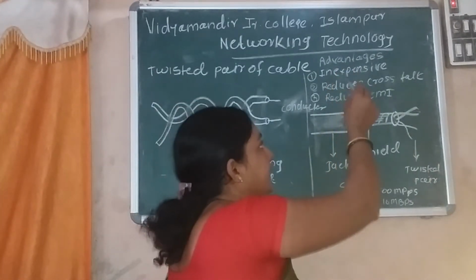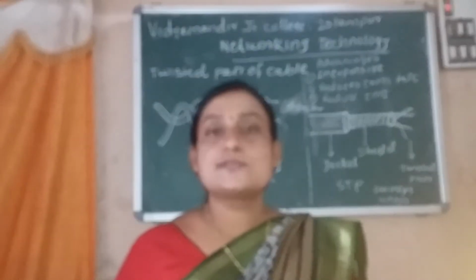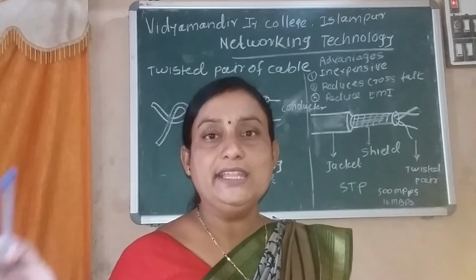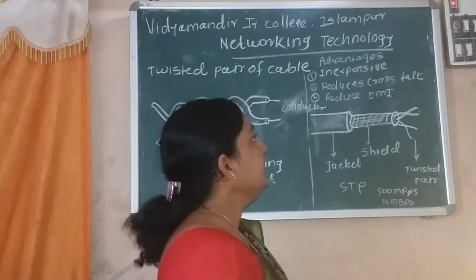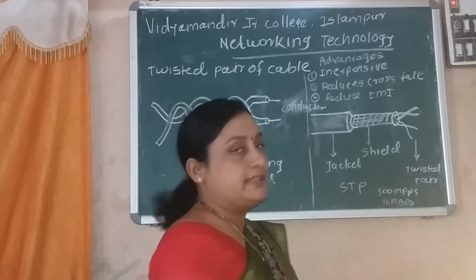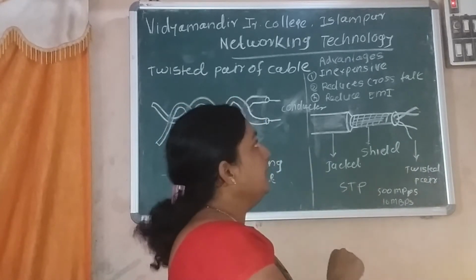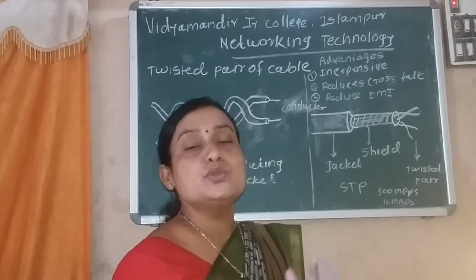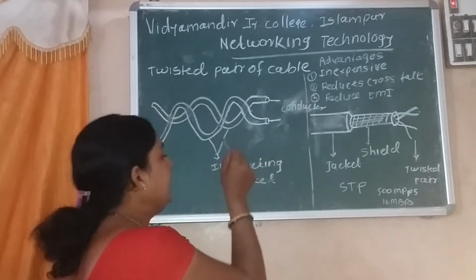The second advantage is that it reduces cross-talk. Cross-talk is nothing but electromagnetic interference occurring in the transmission media, and in the twisted pair cable, mostly STP cable, reduces cross-talk because these two cables are covered by an insulating jacket.